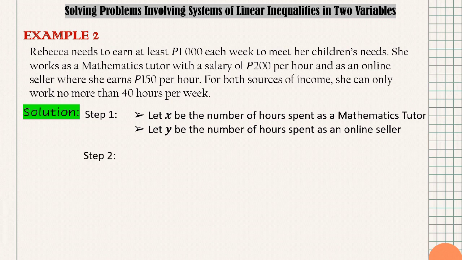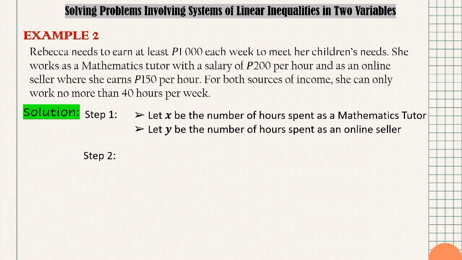Step 2 is to write the system of linear inequalities in two variables described in the problem. In the problem, we have 200 pesos per hour as a mathematics tutor and 150 pesos per hour as an online seller.